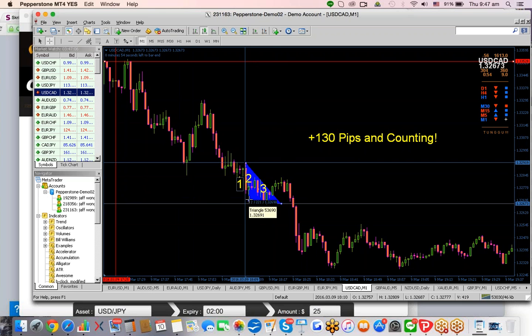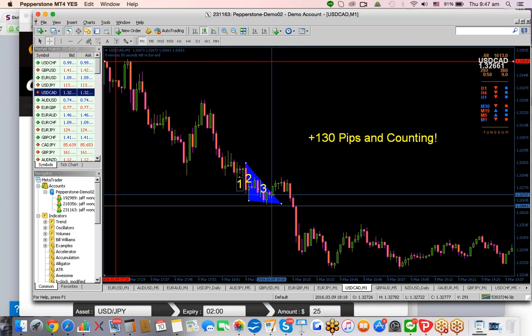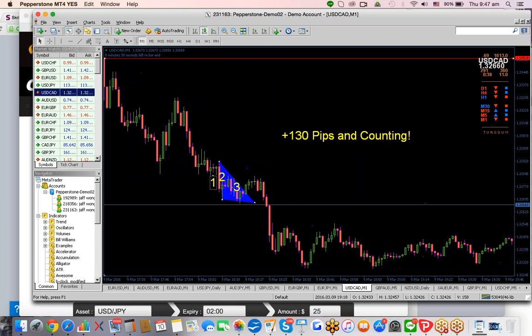So this one's 21 pips. This one's quite a crappy one. I don't think it even made that 12. This is an exception. This wasn't a particularly good setup, but it's just one example. And now later on, there was another one.